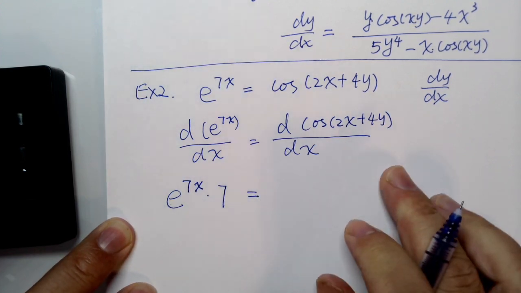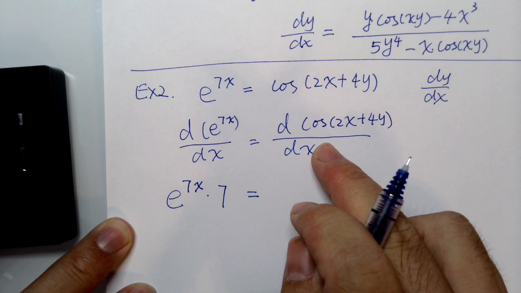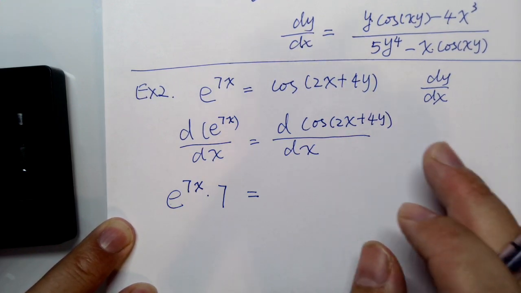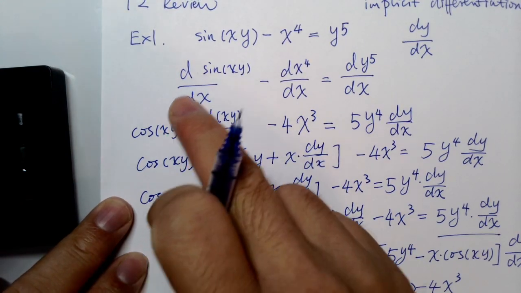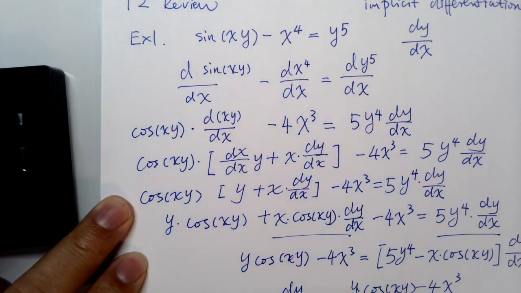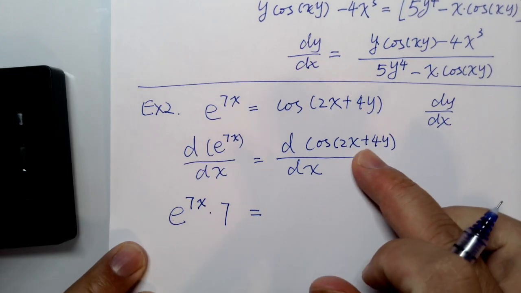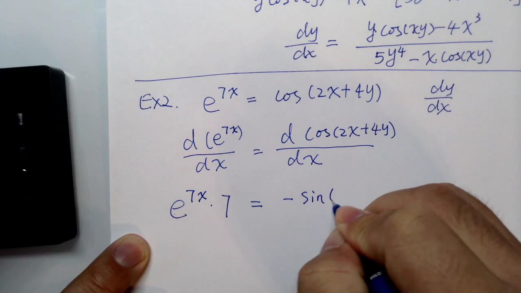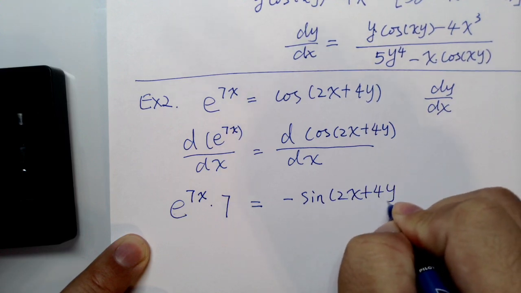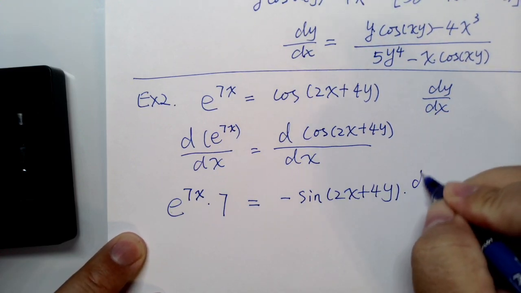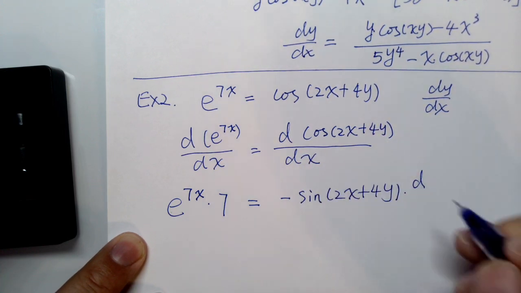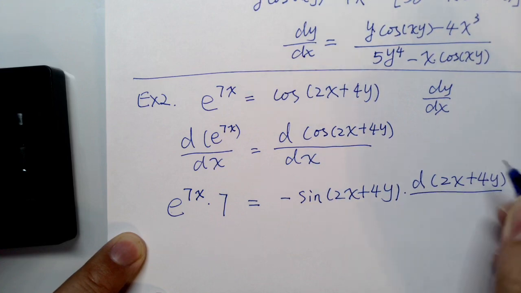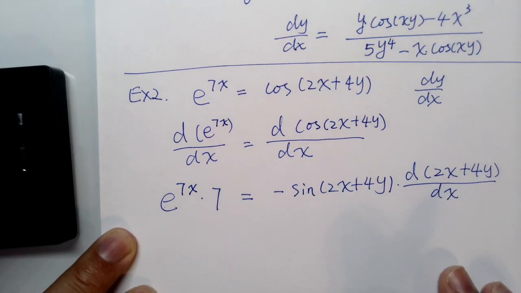And then on the right-hand side, the derivative of cosine of 2x plus 4y, you're going to apply the same logic. That means you're going to have negative sine of 2x plus 4y times the derivative of the inside function with respect to x, that is d(2x plus 4y)/dx.